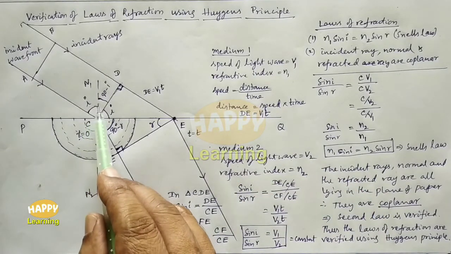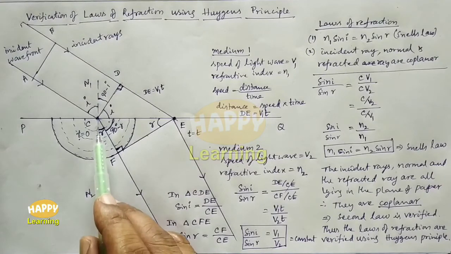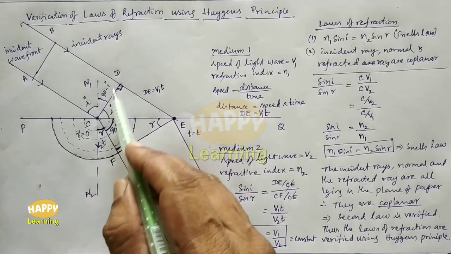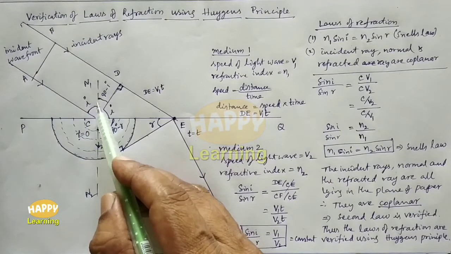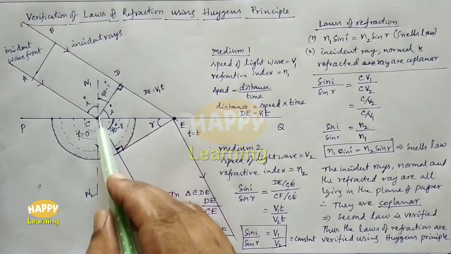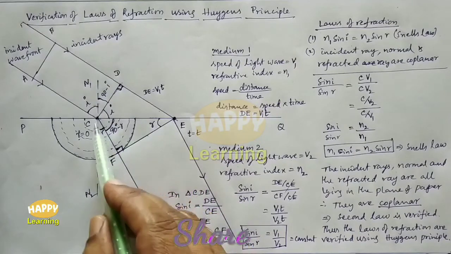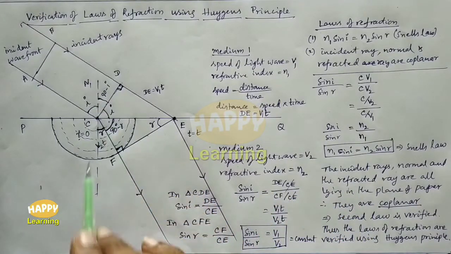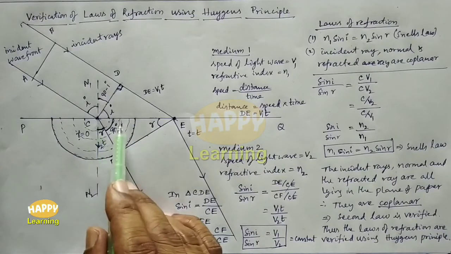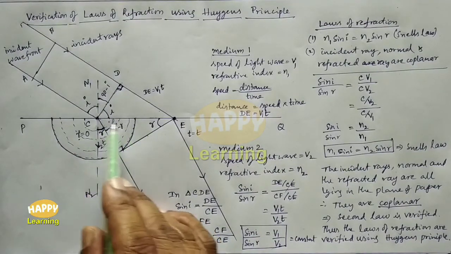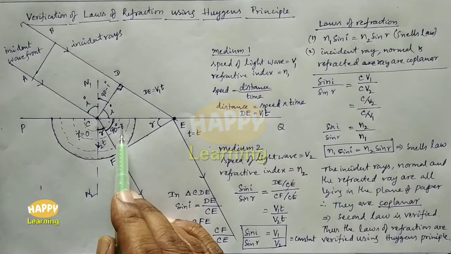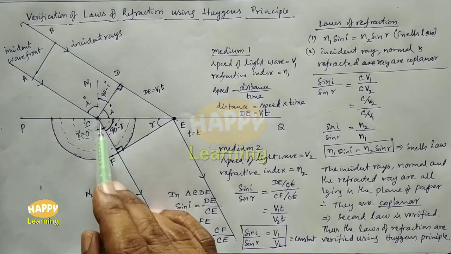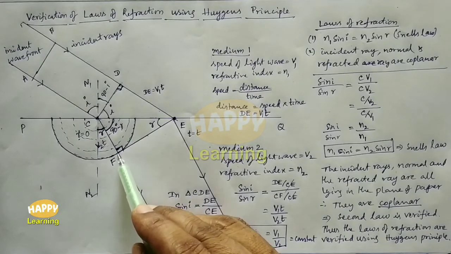Now the angle of incidence is taken as I and the angle of refraction is taken as R. So if this is I, because this total is a normal, this becomes 90 minus I. As this is a normal, perpendicular angle, this is 90 minus I, that means this is I. Similarly, if this is R, as this is normal, that is a right angle, so this should be 90 minus R. In this triangle, this is normal because these are the light rays and this is the wavefront.